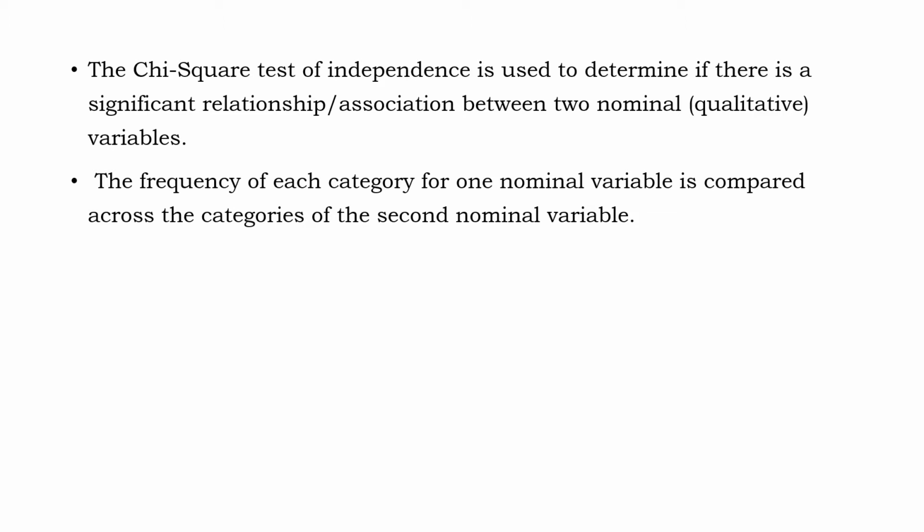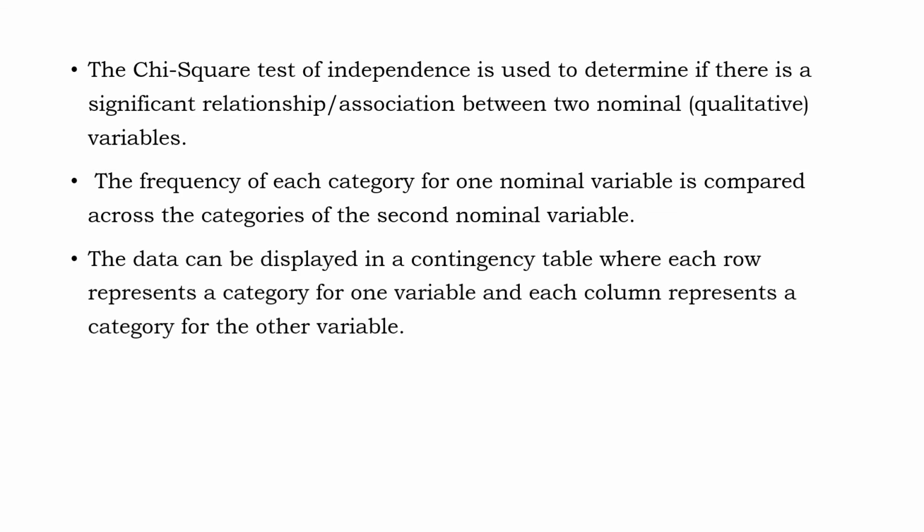There will be people who are intelligent or not intelligent. We'll be checking how many people who are beautiful are intelligent and how many are not intelligent. So that is a way of testing the independence of attributes.